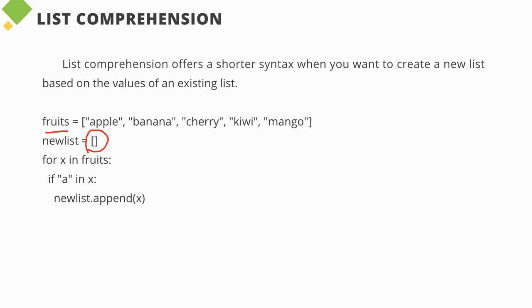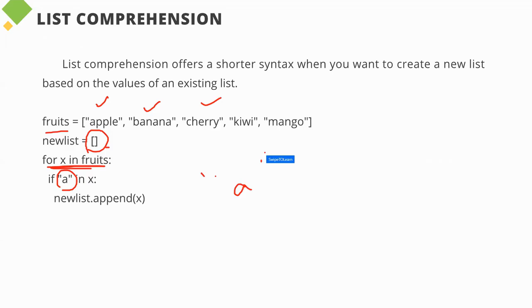If you want to access each item, as I told you previously, for x in fruits, on the first iteration x will be apple. After this iteration of the for loop, x will be banana. After that, x will be cherry. So for each item in the list, if a in x, you need a shorter list where each element contains the character a.